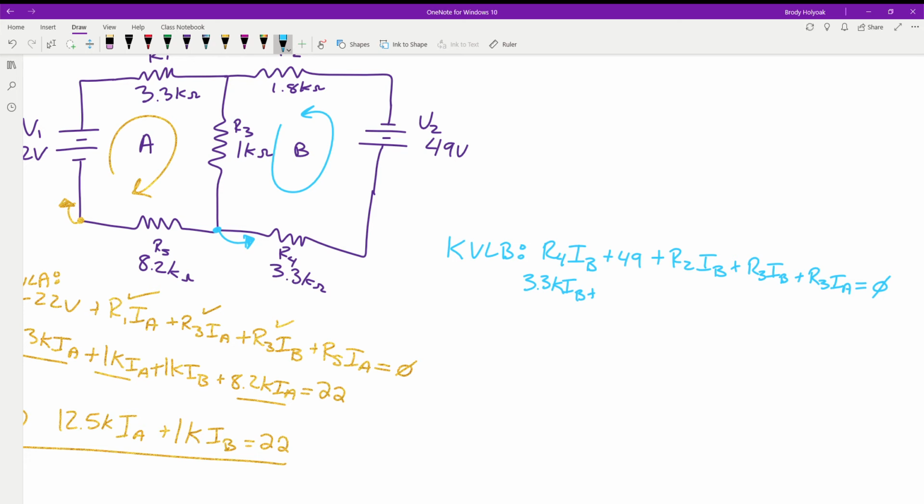We have R2 is 1.8K times IB. We have R3 is 1K times IB. We have plus 1K IA. And that's going to all equal a negative 49.